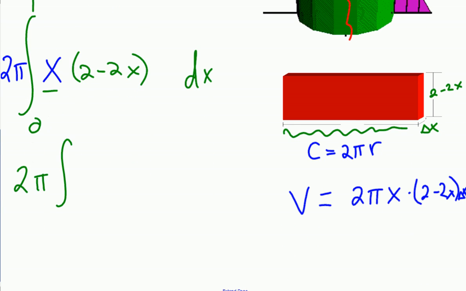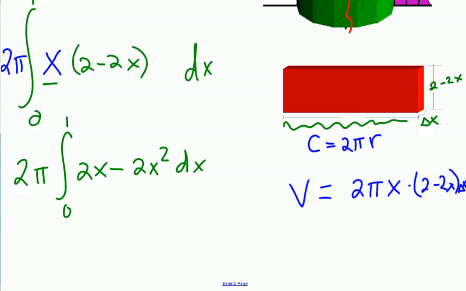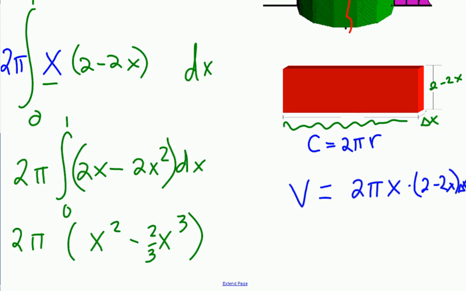Now, if I was going to integrate this by hand, I would first do the multiplication, always algebra first. This is a pretty easy one to integrate by hand, so let me just do that. I probably can do that quicker than going to my calculator. I should have parentheses around that. So that's x squared minus 2/3 x cubed evaluated from 0 to 1.